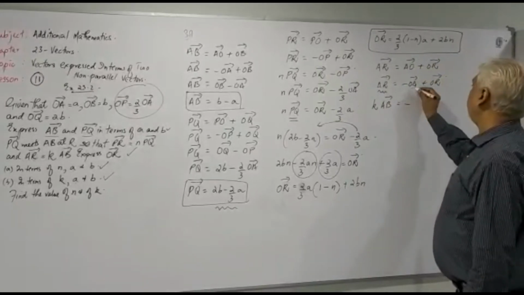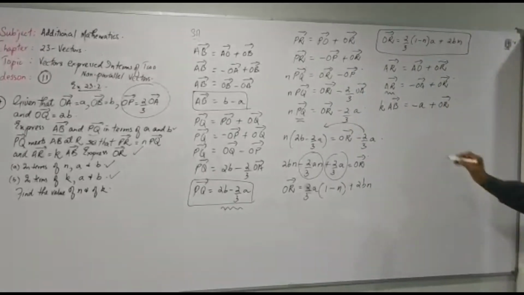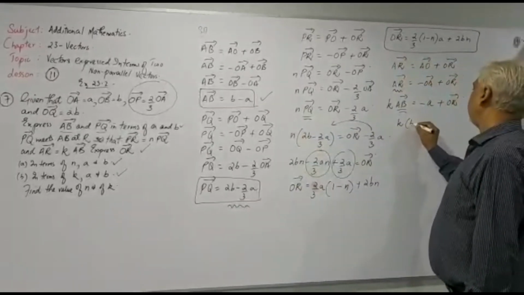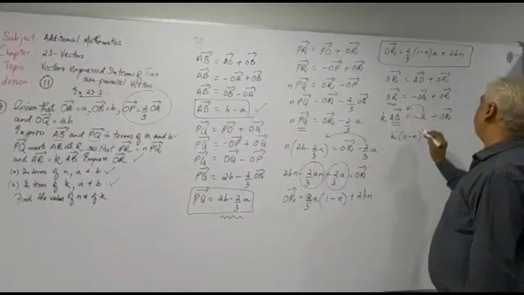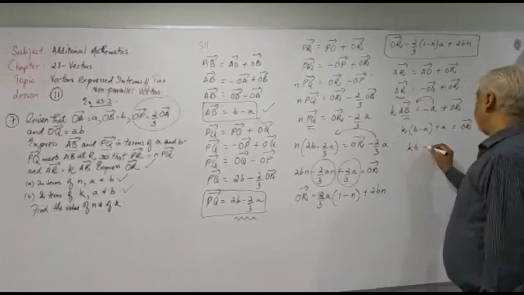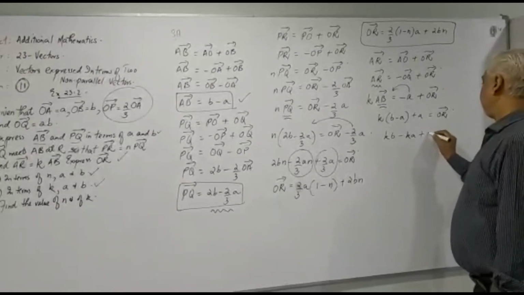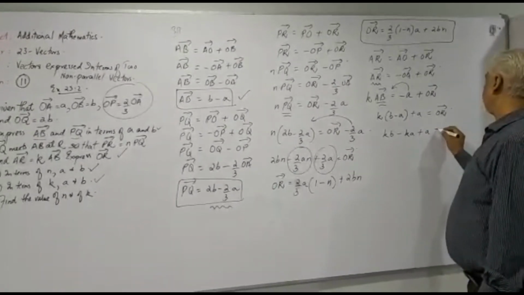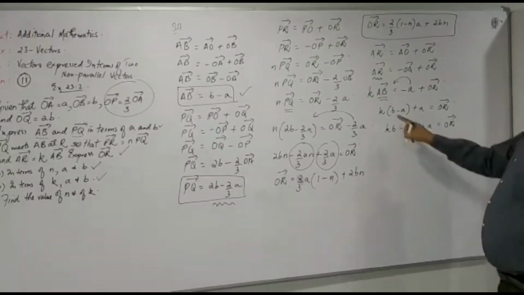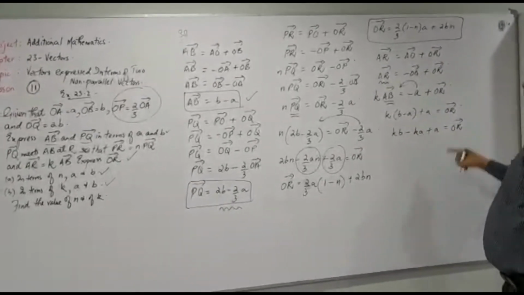And minus OA is equal to A plus OR. What is AB equal to? AB is equal to B minus A. So k times B minus A, bring minus A over here, plus A is equal to OR. Or I can write it as kB minus kA plus A equals OR.